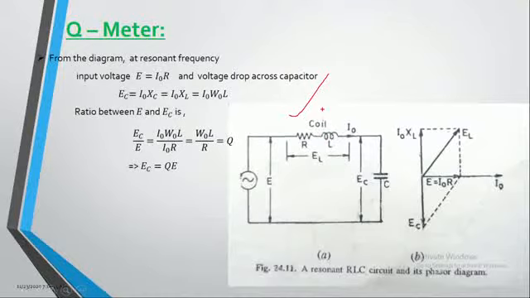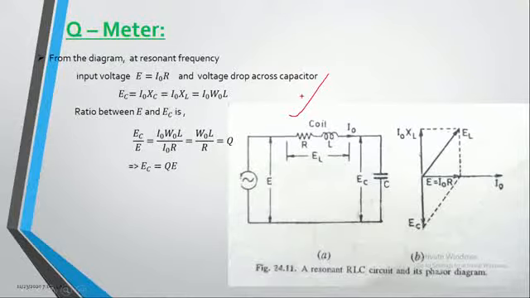In the RLC circuit, at initial frequencies it acts as capacitive, after the resonant frequency it acts as inductive, and at resonant frequency the entire circuit acts as resistive in nature.